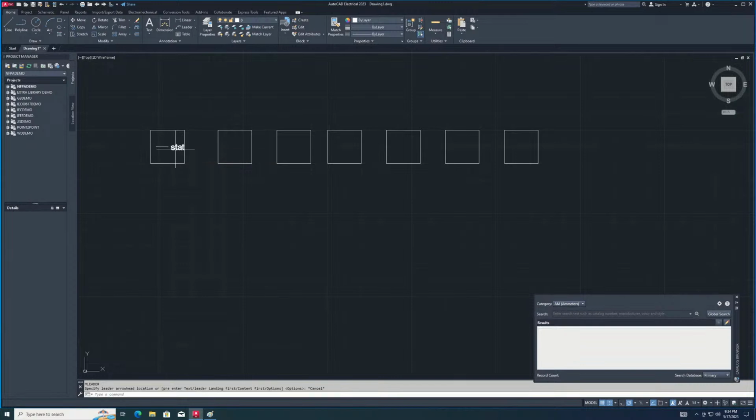There we go. Oh, we'll remove that line too. Remove leader, thank you. Okay. That looks centered. Alright.